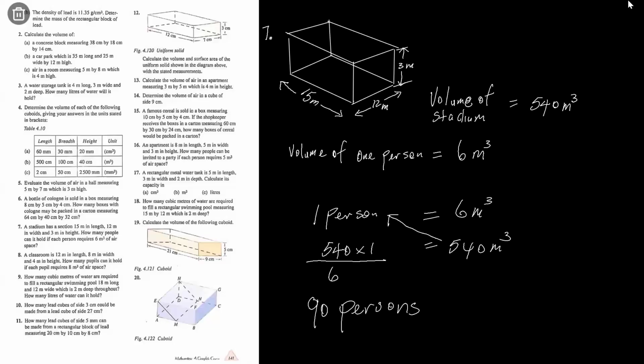All right, so Jenny, what's the answer? For question 8, you had to find the volume of the classroom. Your volume in your classroom is 12 by 8 by 4, and that was 384 meter cube.